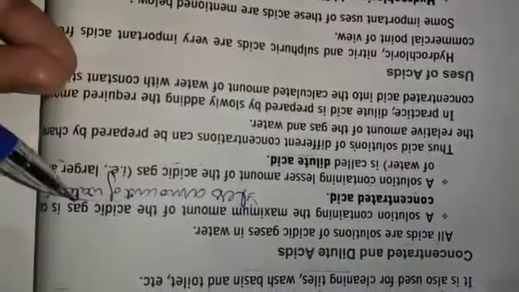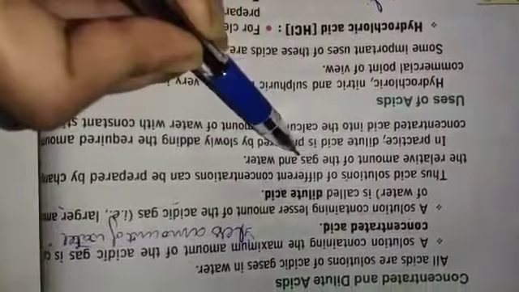In the same way, if you add the maximum amount of gas, it will become concentrated acid. If you add less gas, it will become dilute acid. So by changing the amount of gas and water, we can change the type of acid.